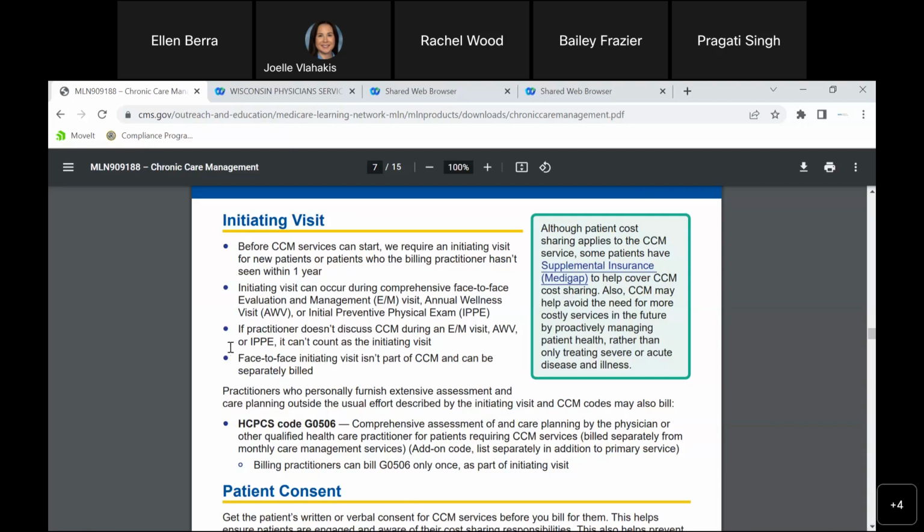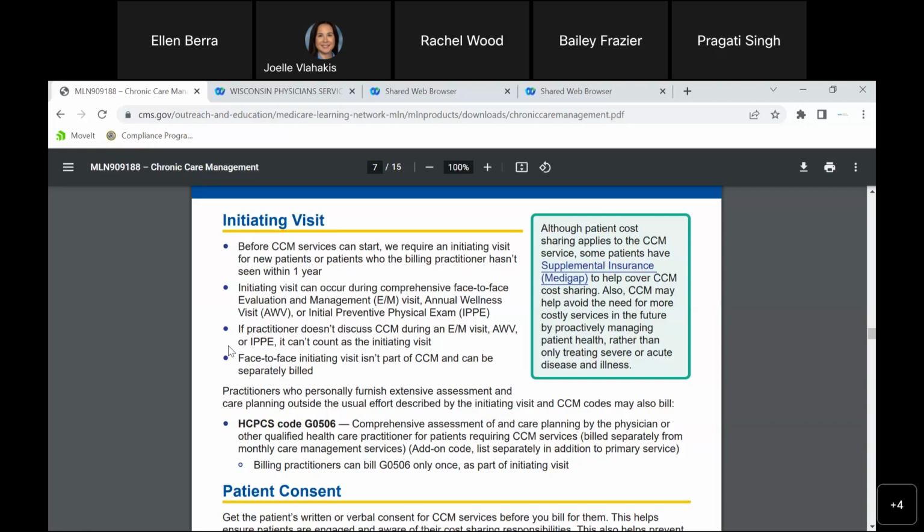You'll notice here on your third bullet point that if the practitioner does not discuss CCM, chronic care management, during that initiating visit, then it doesn't count as one. However, when the patient comes back, or if you determine that the patient needs to have CCM, you don't have to have another visit.